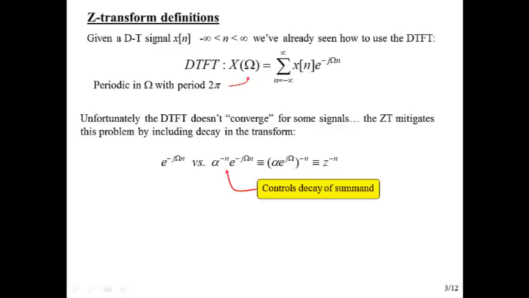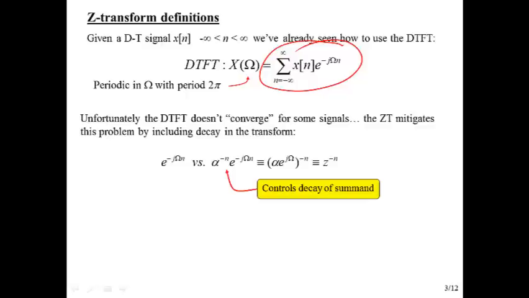So for some signals, this sum here will not actually converge, and then we can't apply our tool of DTFT for that signal. And that may be the case also for some systems.